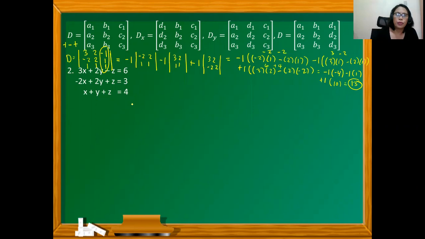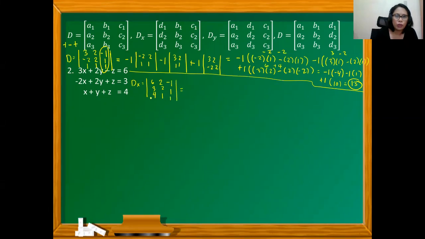Okay, so let's work on D sub x. So D sub x is equal to the constant term 6, 3, 4, and then 2, 2, 1 here, and then negative 1, 1, and 1.